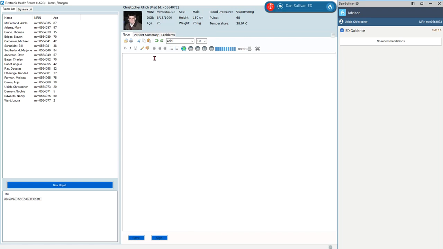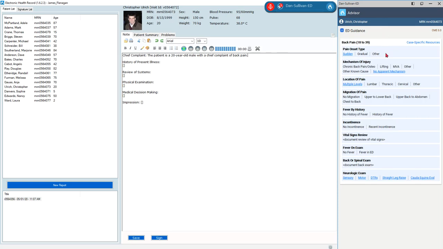In the ED note, I will use some macros and some dictation to move quickly through the chart. The patient is a 20-year-old male with a chief complaint of back pain, period. ED Guidance will now evaluate the medical record real time through a series of algorithms, providing a list of conditional clinical drivers that TSG has developed over the last 2 decades.